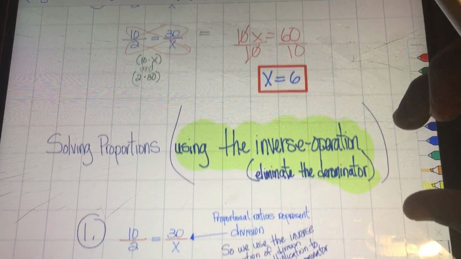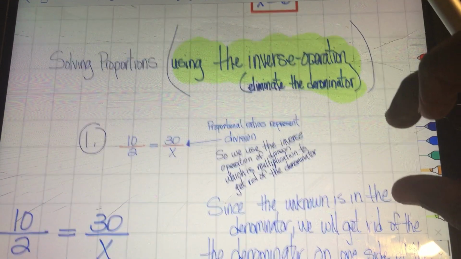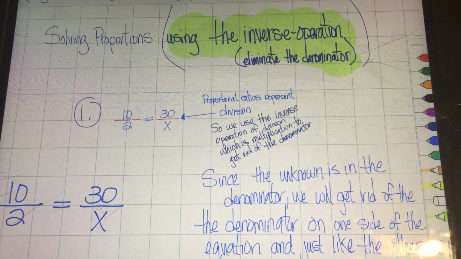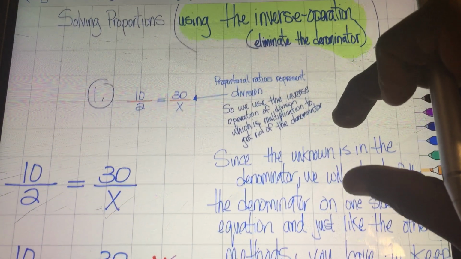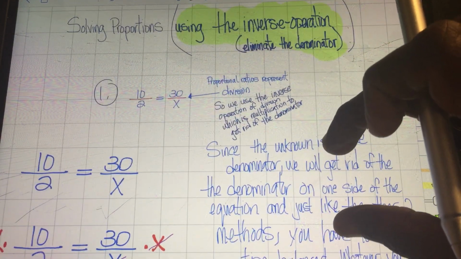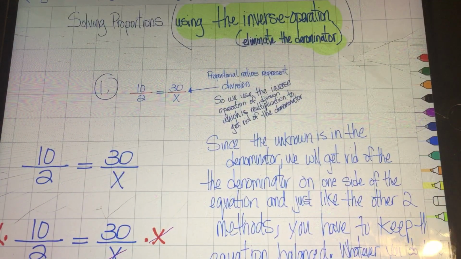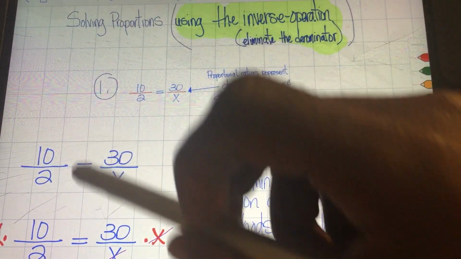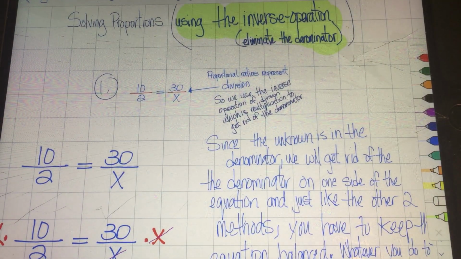And then a third way, again, is simply just to keep us aware of the relationships and what we're doing, is using the inverse operation. When we're talking about ratios, we are talking about fractions.